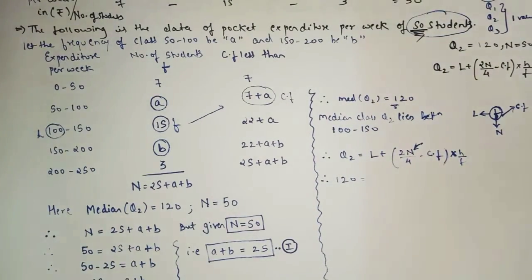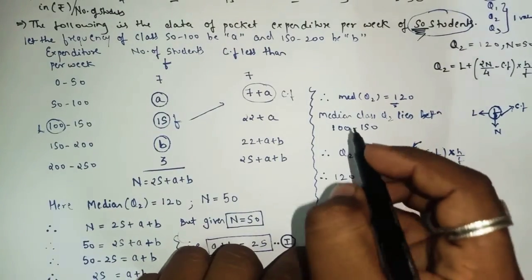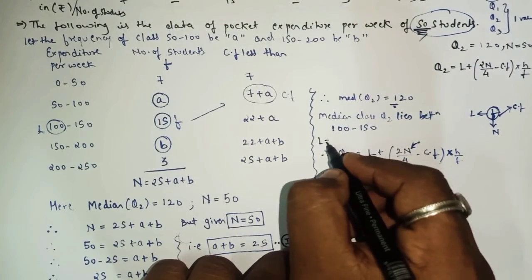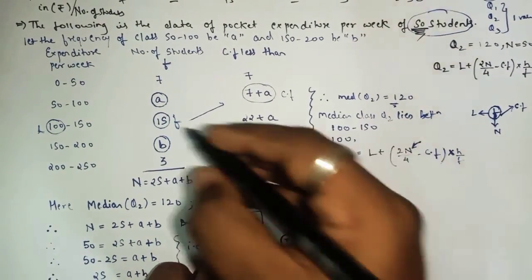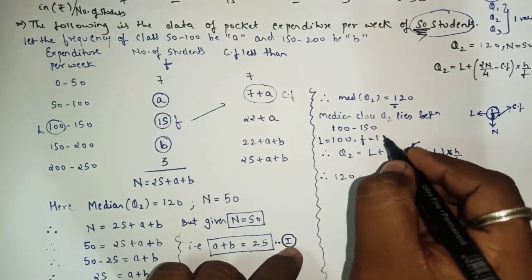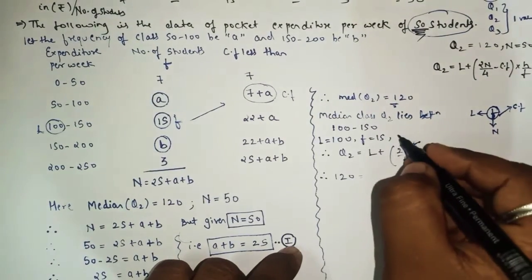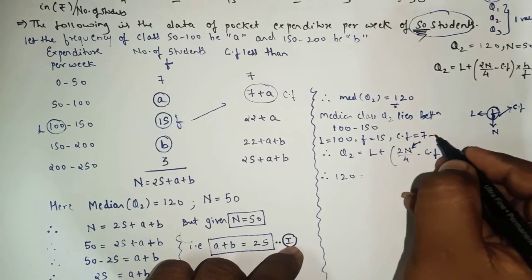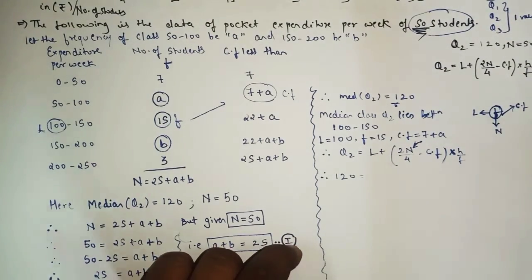Okay, so if it lies between 100 to 150, of course the value of L will be 100, F will be 15, and CF will be 7 plus A, or A plus 7 you can write.